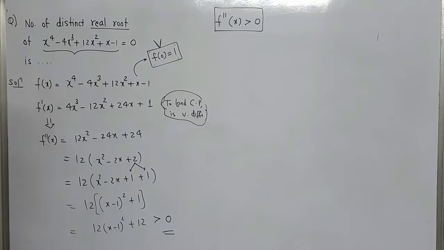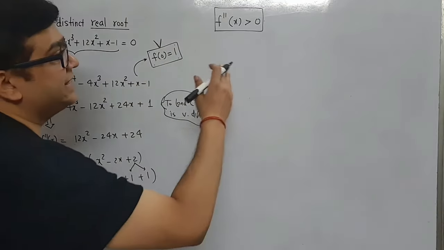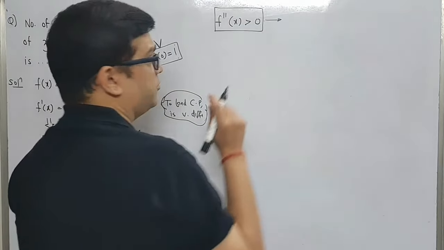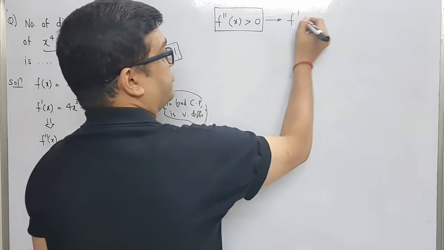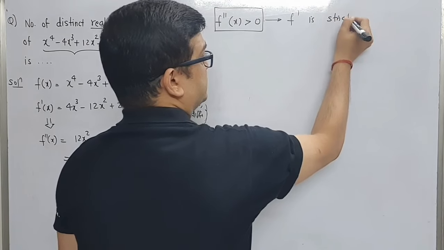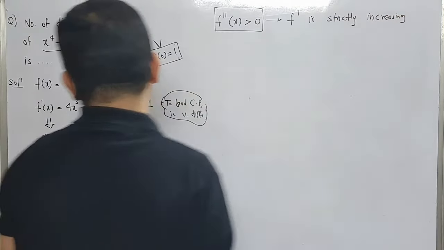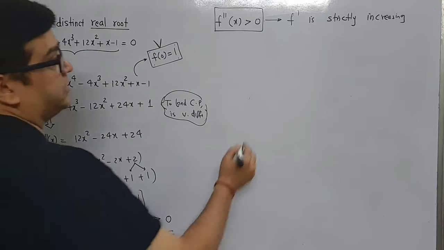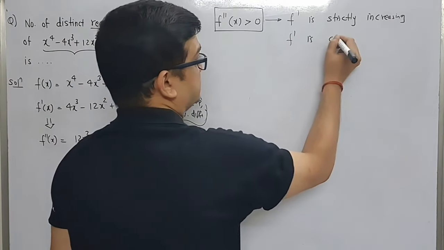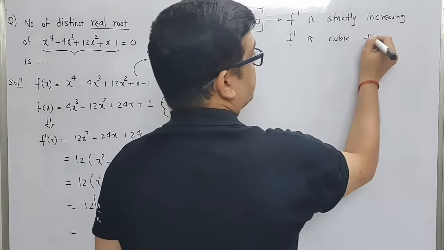The second derivative is positive. I want you to understand that f'(x) is strictly increasing. And also notice f'(x) is a cubic function.